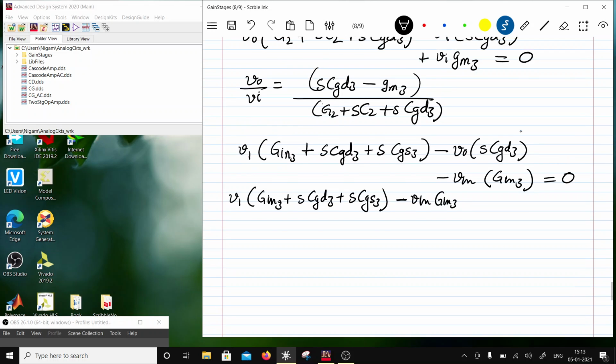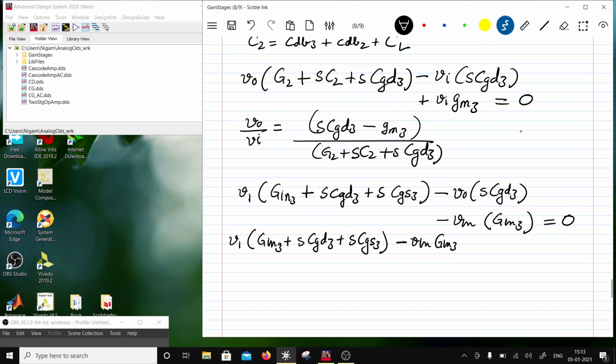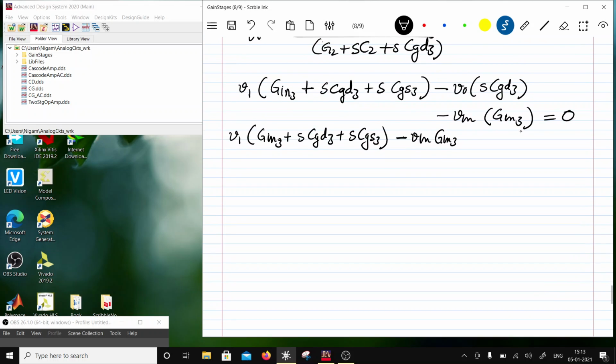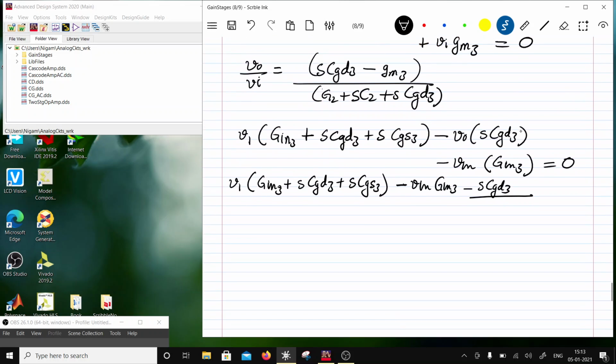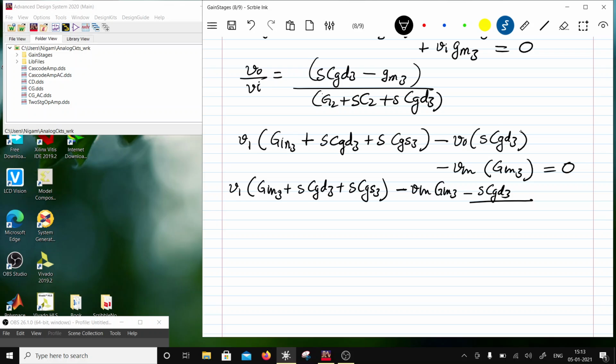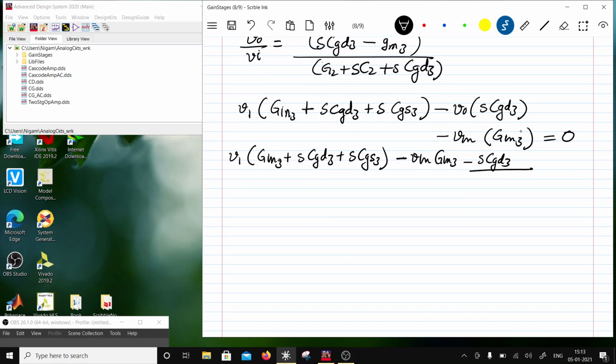Then we have to substitute it in terms of Vi, right? So it will be minus SCGD3 times of, so divided by this term would be there, right? Okay, I have to substitute VO in terms of Vi, right?